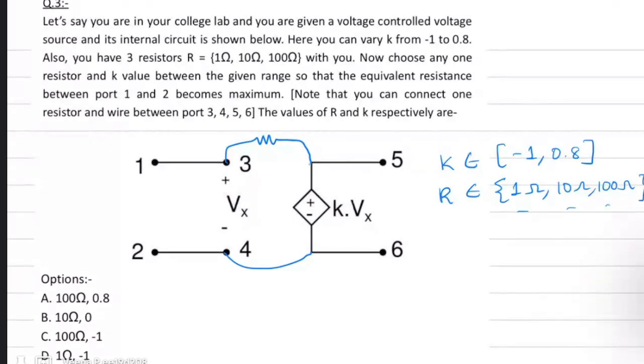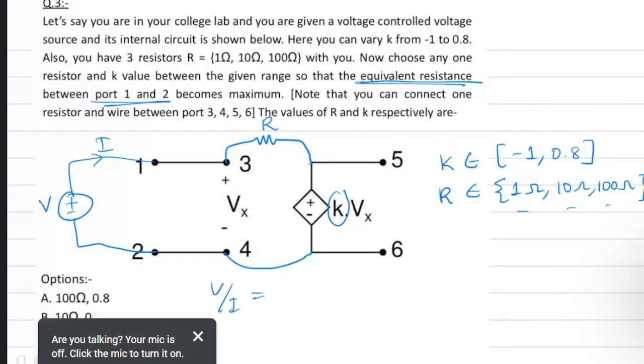So if it is like this, you have to choose the value of this R and you have to choose the value of this K such that the equivalent resistance between port 1 and 2, that means if you connect a voltage source here and send some current I, V by I should be maximum.